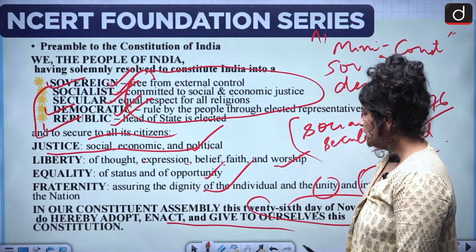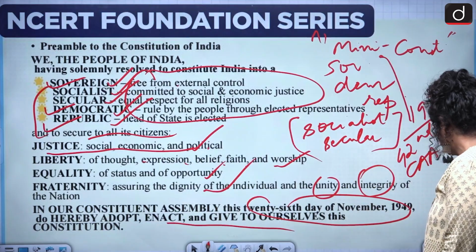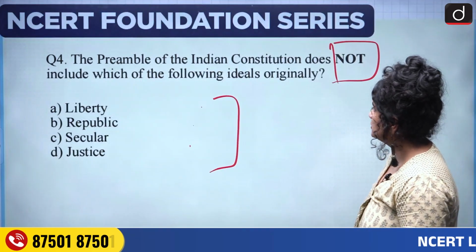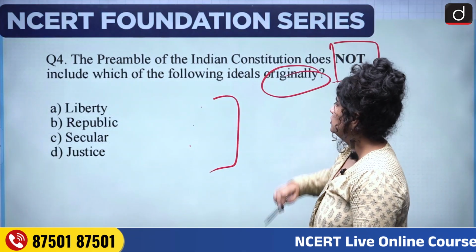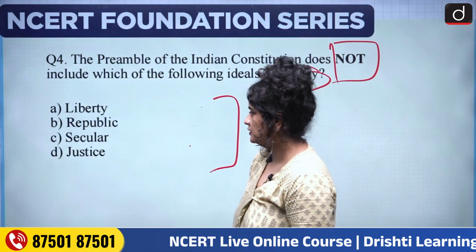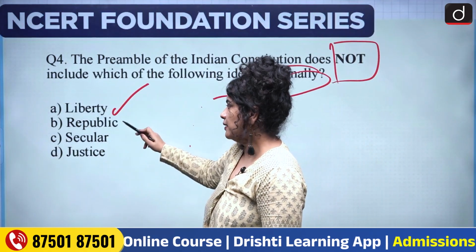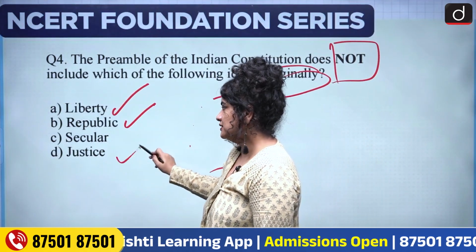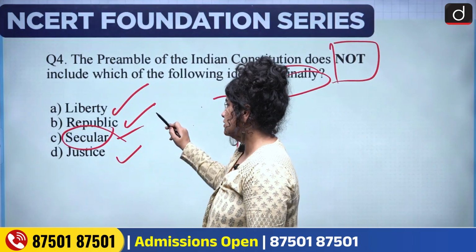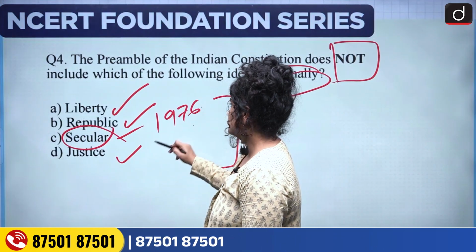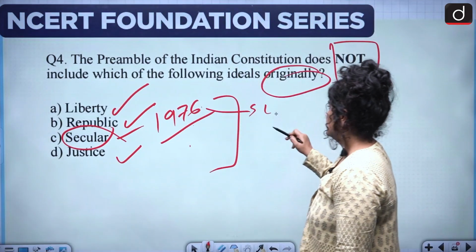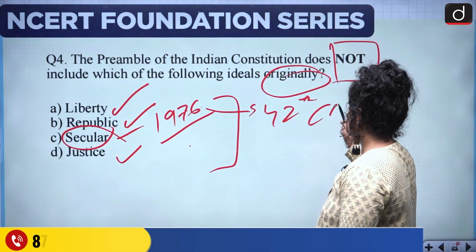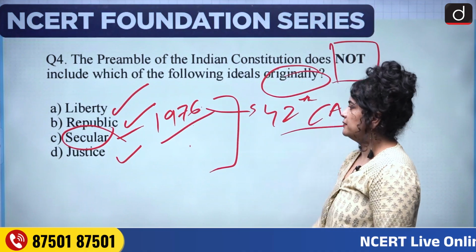Okay. So now let's go back to our question. We are talking about does not include originally. Liberty, it does. Republic, it does. Justice, it does. Secular was added in 1976 via the 42nd Constitutional Amendment Act.